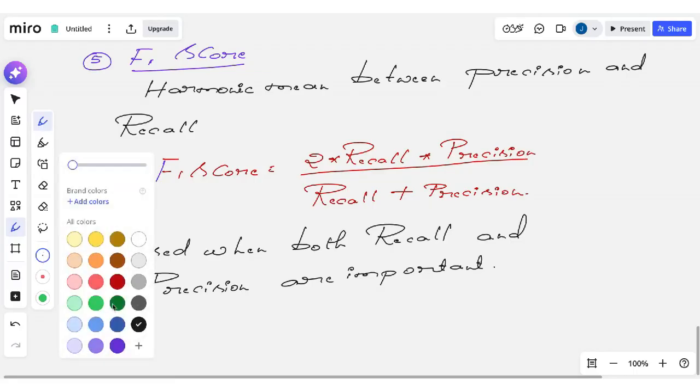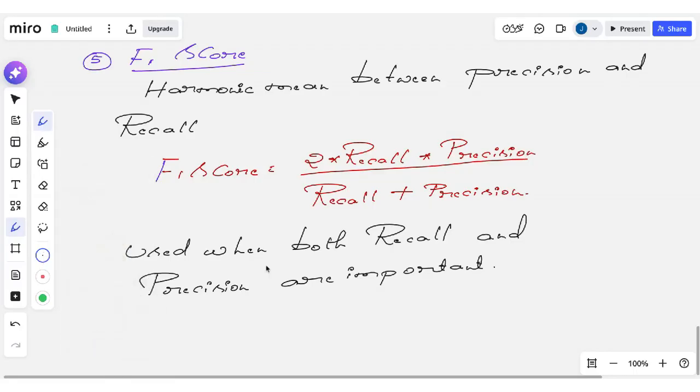That means when false positive and false negative are both important, in that case you have to use the F1 score.